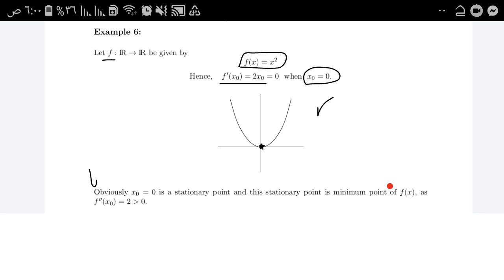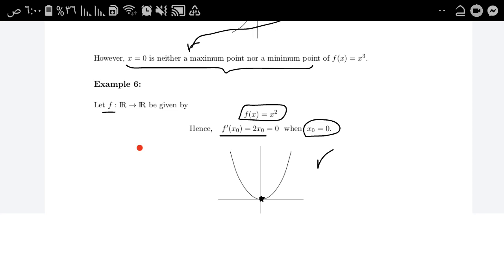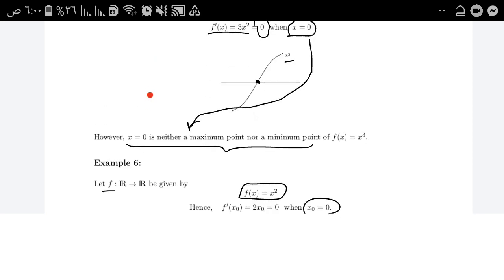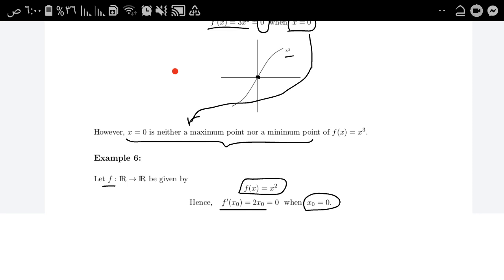Oh, okay. So what is the difference between examples 5 and 6?